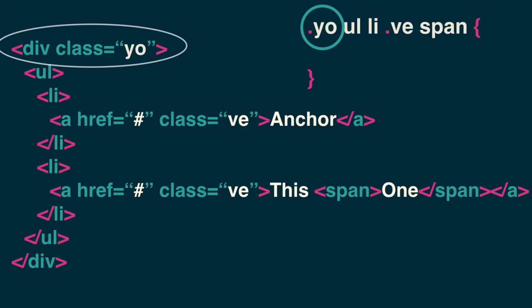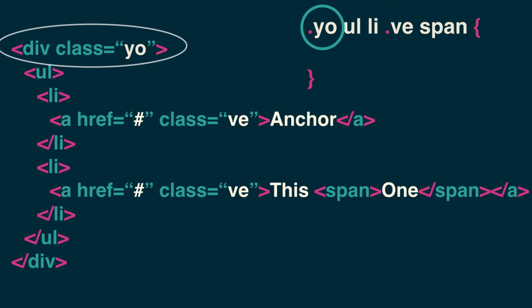okay, so let's go down this path. A good way to think about these selectors is as paths to items. We start off with the beginning, which is the class yo, and that's the div that I have circled.